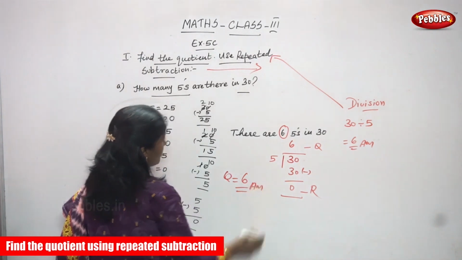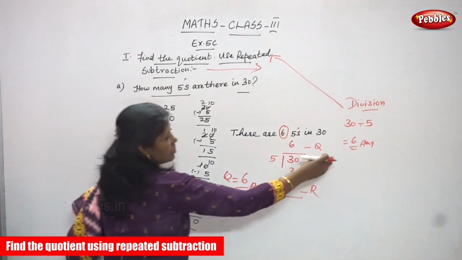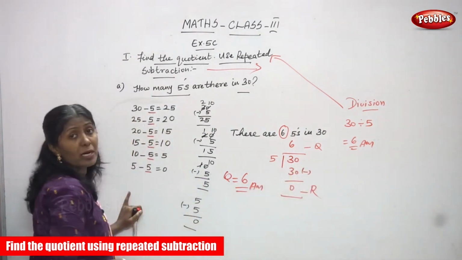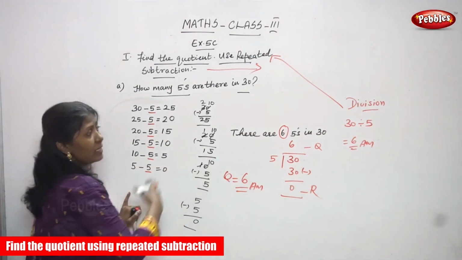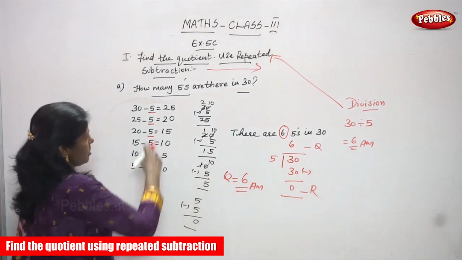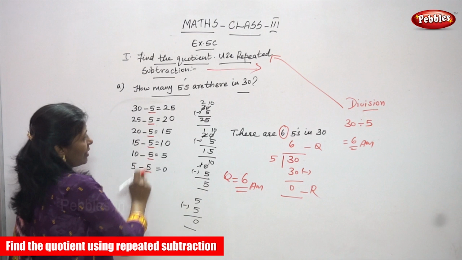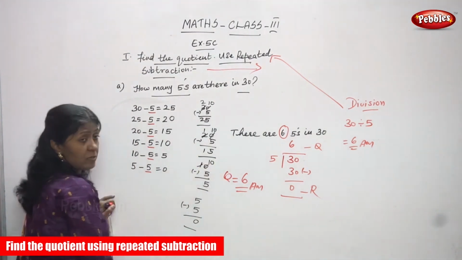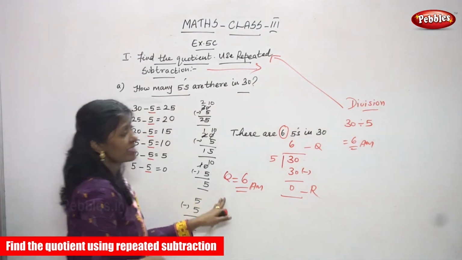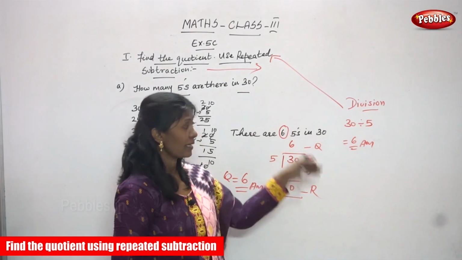Is the right answer. Repeated subtraction is otherwise called division. I used the division method and also repeated subtraction, but you have to find the answer only by repeated subtraction. Anyhow, I have done division also for you. There are 6 5's in 30, so the quotient is 6, in repeated subtraction and also in division.